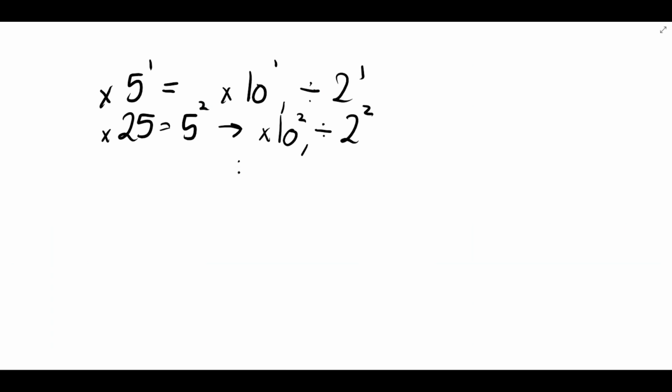And the same pattern follows for all. So the formula would be like this. For 5 to the power n, where n is any natural number, you multiply by 10 to the power n first, and then you divide by 2 to the power n. In essence, whatever is the power of 5, you give the same power to 10 and to 2, and you carry out the multiplication and division.